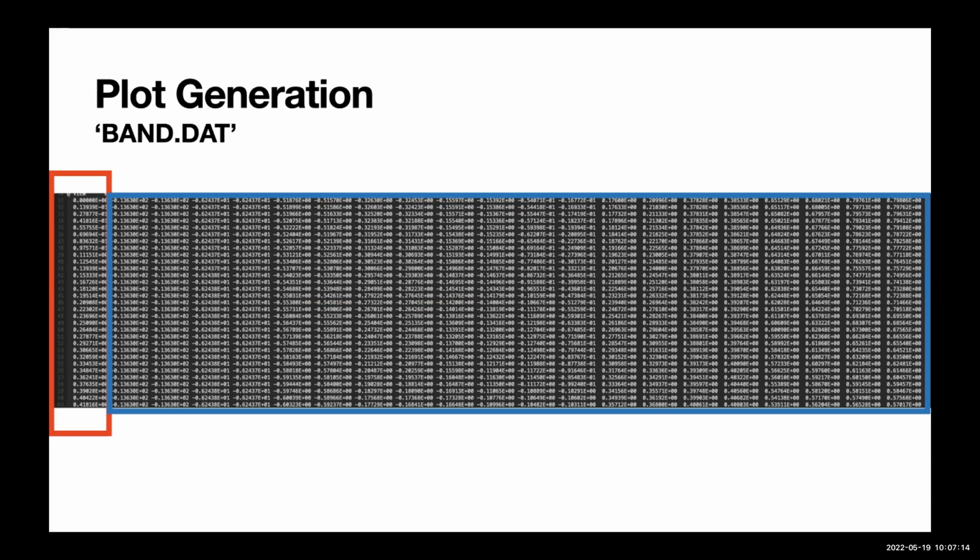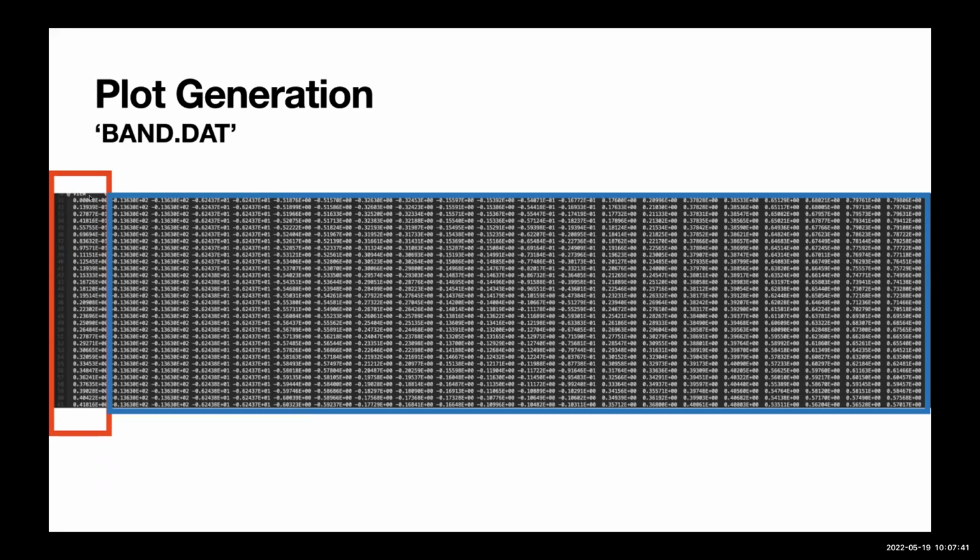For every single line over here, the first entry is the 1-dimensional coordinate for the K point. Every single line corresponds to the eigenvalues for that specific K point. In principle, we have 150 lines in this file.